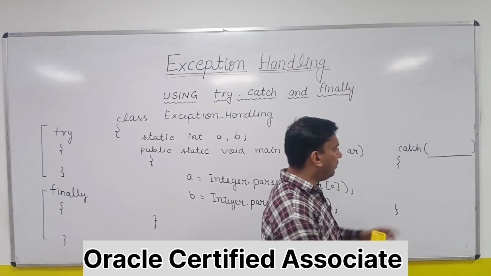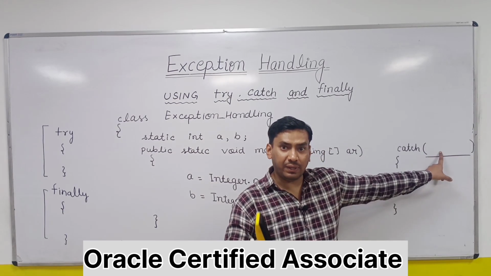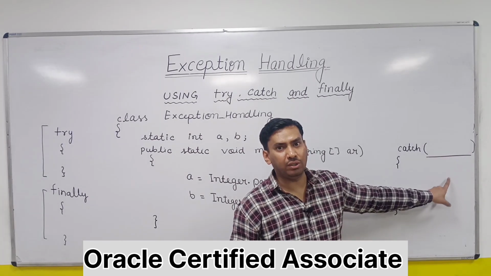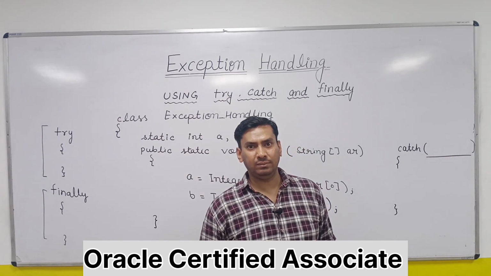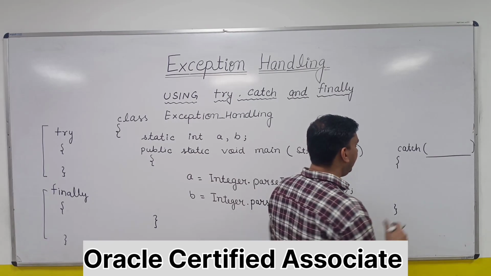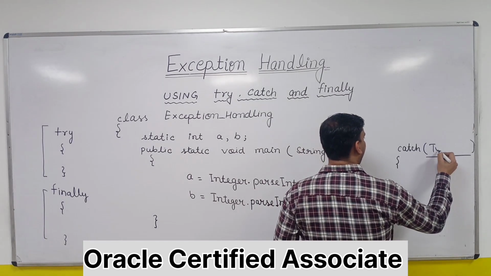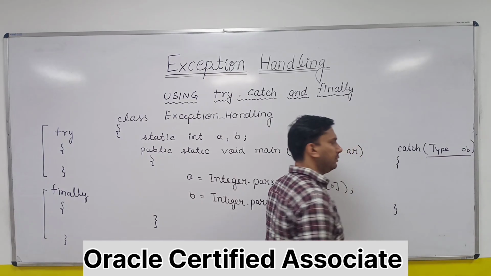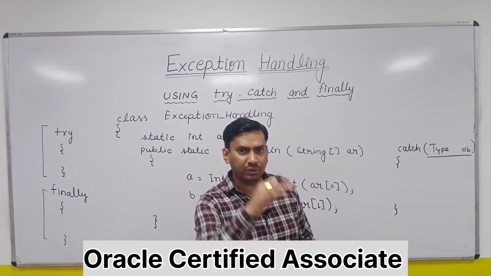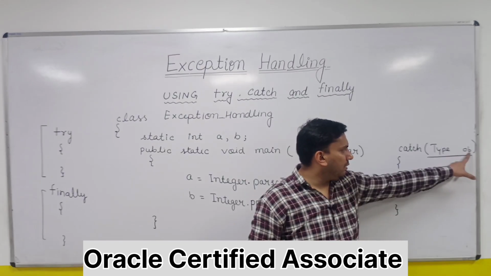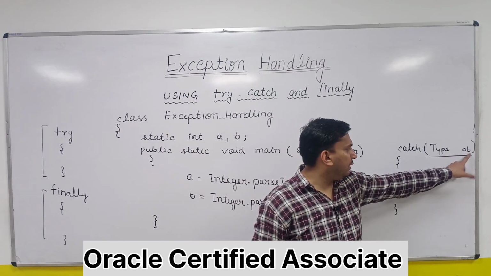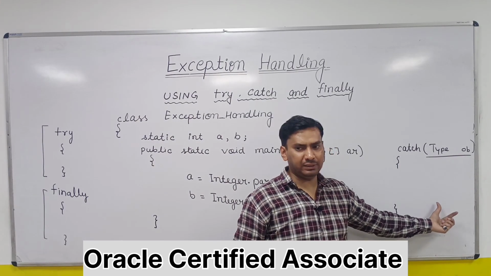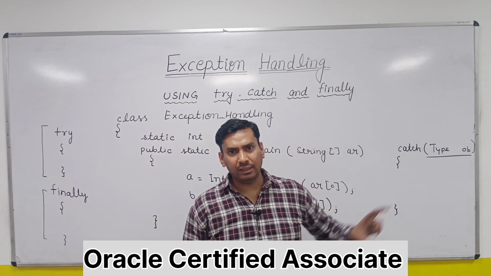Suppose I write NumberFormatException here, and if ArrayIndexOutOfBoundsException occurs, this catch block will not handle that, right? So here we have to write the type of exception, some class type, and its reference variable. Whenever any exception is thrown, that exception object will be captured or held in this particular reference variable, and then the block will be executed. So this is what the catch block is.